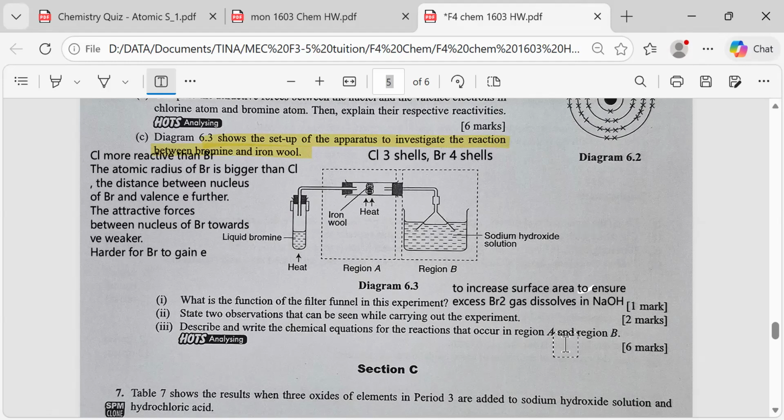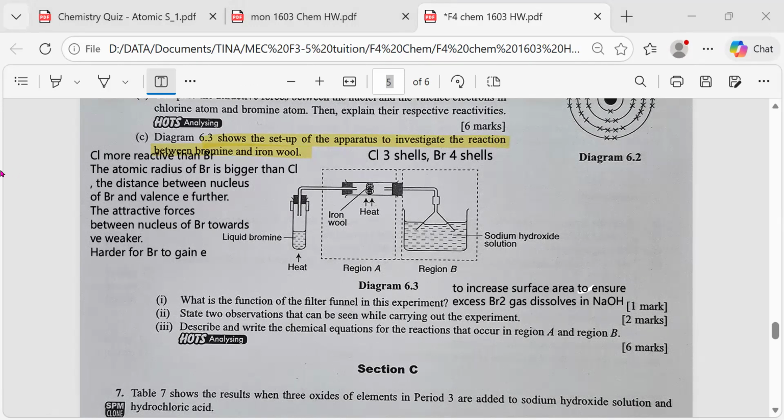Okay, look at the next question. What do you think is the answer? State two observations that can be seen. When you're reacting, do you think the iron wool will shine brightly? Yes. So I show you something, right?